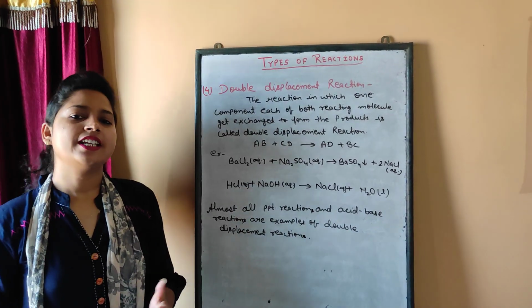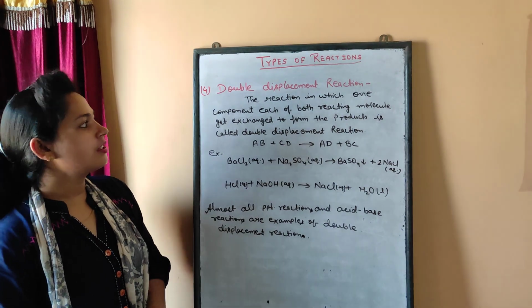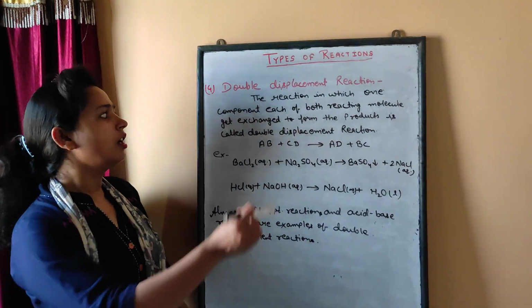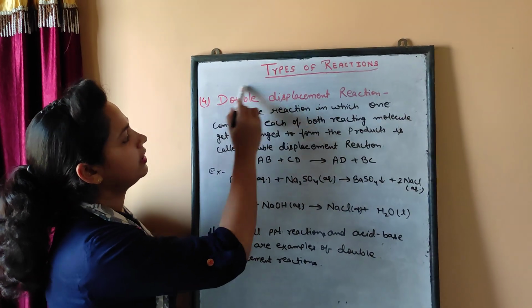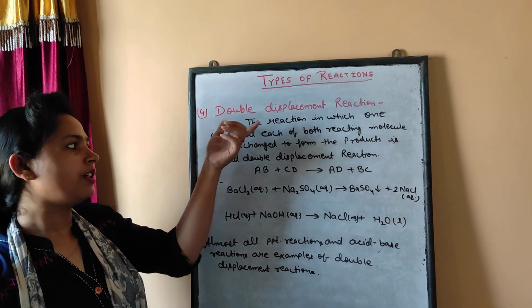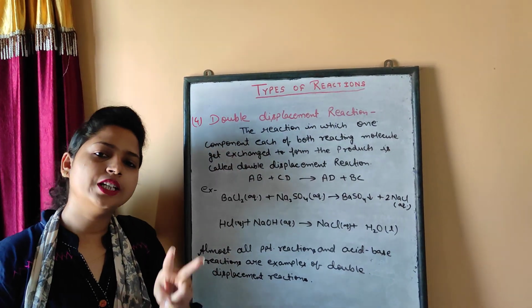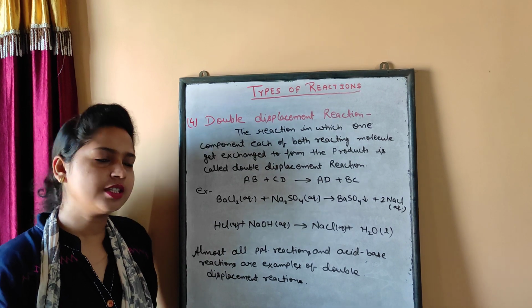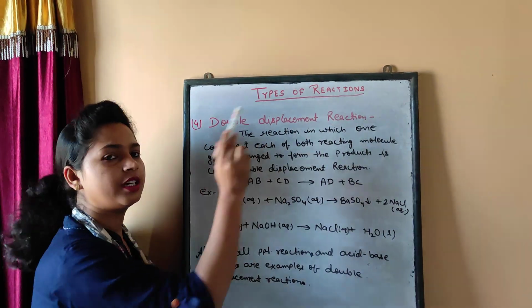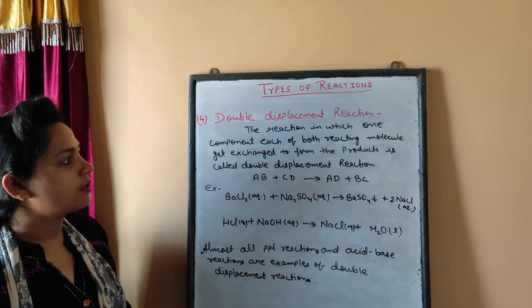So the next type of reaction is double displacement reaction. Here the term double displacement clarifies that the displacement occurs twice. Whenever the displacement occurs twice, it is called a double displacement reaction. What is this double displacement reaction?